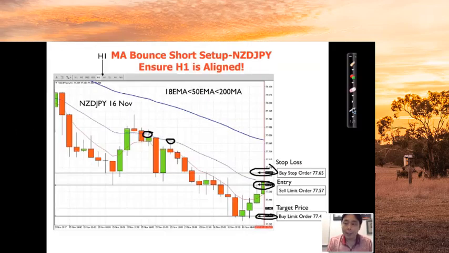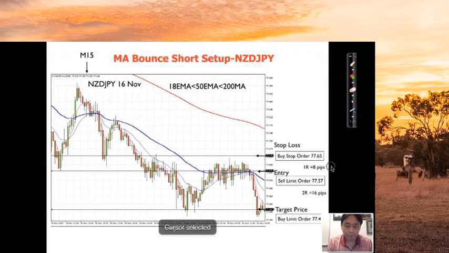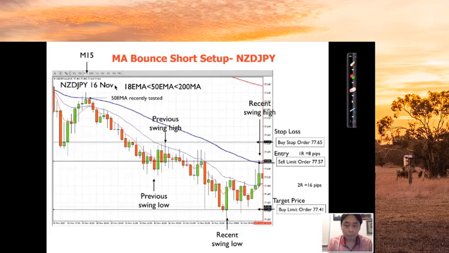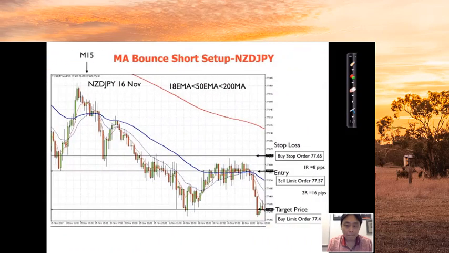Okay, so let's see how this trade played out. Okay, so you can see it played out pretty well.